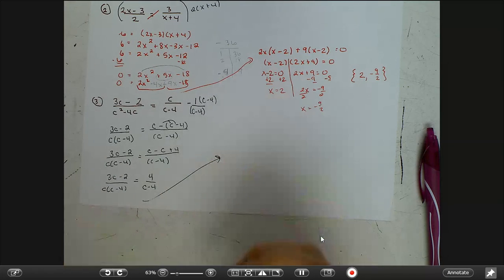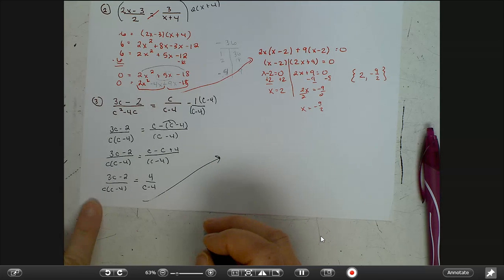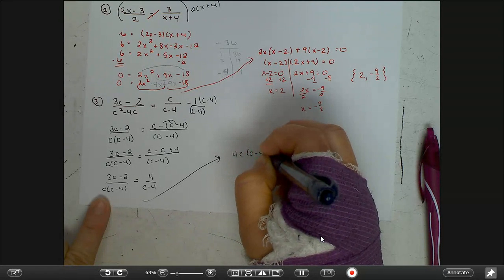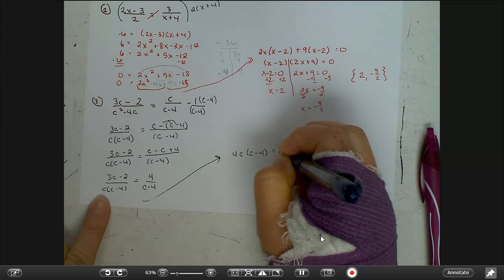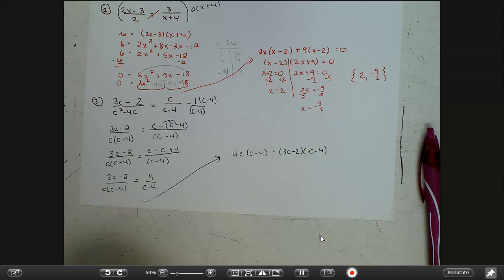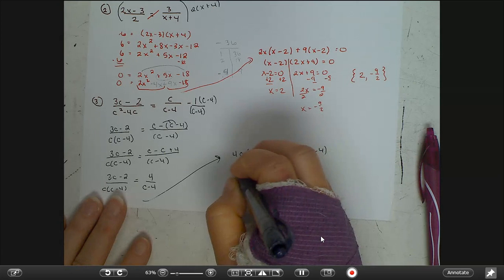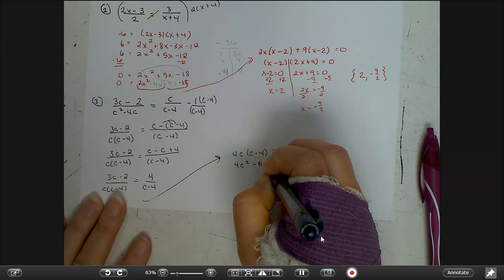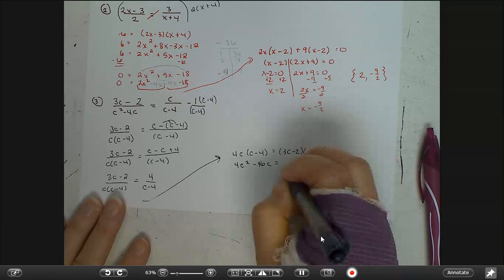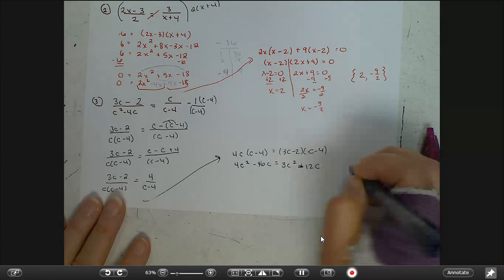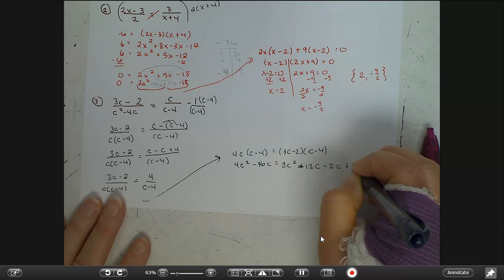All right. Now you could cross multiply or multiply by the least common denominator. I'm going to go with cross multiplying because I feel like you guys are going to be more comfortable with that one right now. This side we can distribute: 4c squared minus 16c equals FOIL: 3c squared minus 12c minus 2c plus 8.